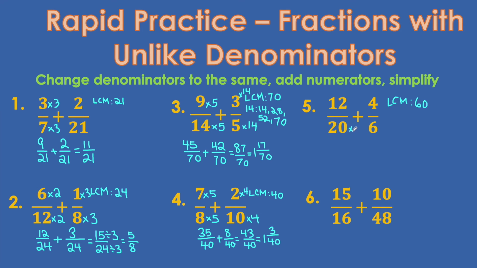20 times 3 is 60, and multiply the top also by 3. And the second fraction, 6 times 10 is 60, and 4 times 10 is 40.